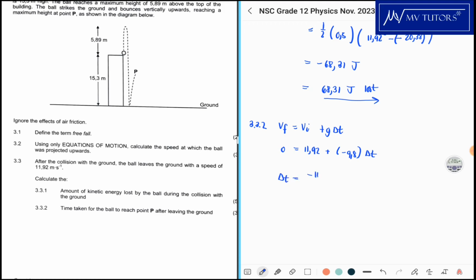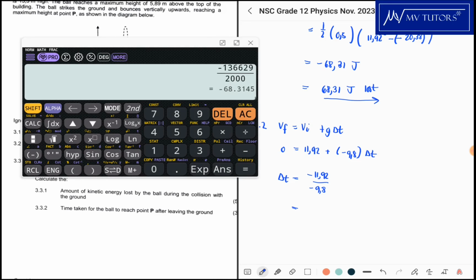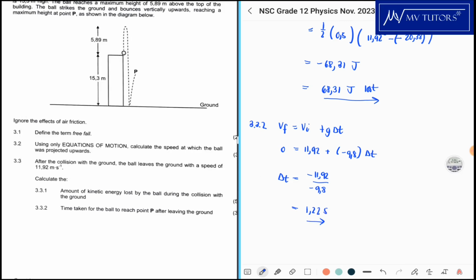So it will be 11.92 over negative 9.8. If I take the 11.92 to that side, it's negative, and I'm going to divide by that as well, hence a double negative. So negative 11.92 divided by negative 9.8 is equal to 1.22 seconds. All right, so that's the time taken for the ball to reach point P.